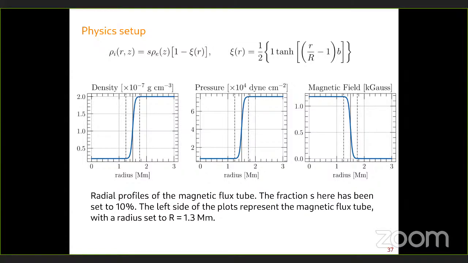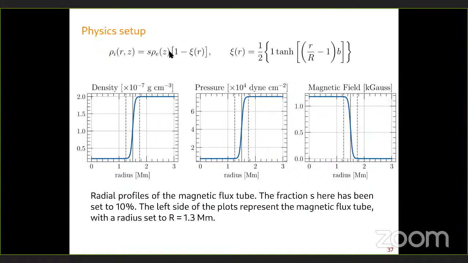For the magnetic field, something similar happens. In this case, we have a magnetic field value which is constant across the cross section, and then at the boundaries, it shows this smooth curve going to zero in the external region of the magnetic field.